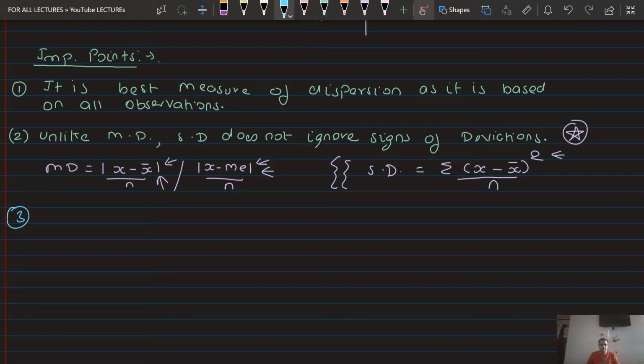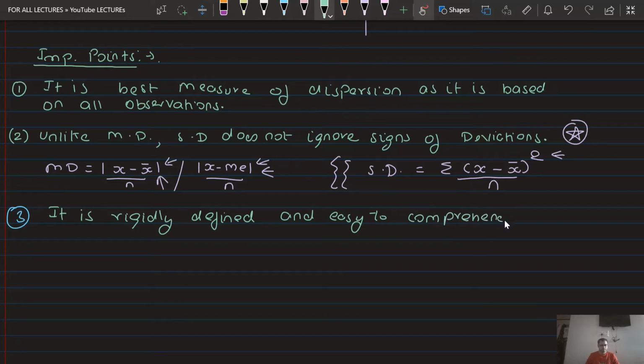Now the point number 3, it is rigidly defined and easy to comprehend, but not that easy to calculate.